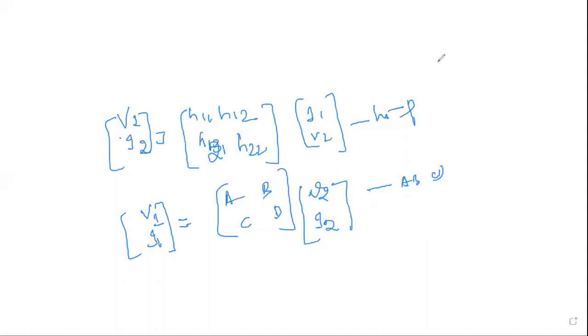In case of Z and Y, that is impedance as well as admittance, you have Z11, Z12, Y11, Y12, which is in general said as Zij, Yij, or ABCD. These are called constants, and all of them characterize a junction, that is ABCD parameters.